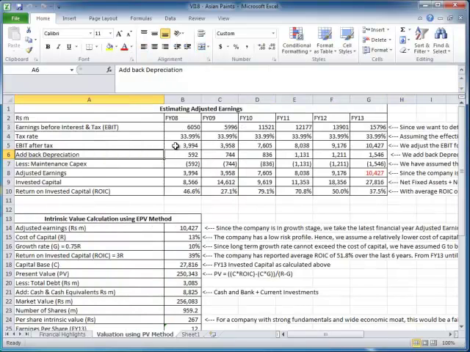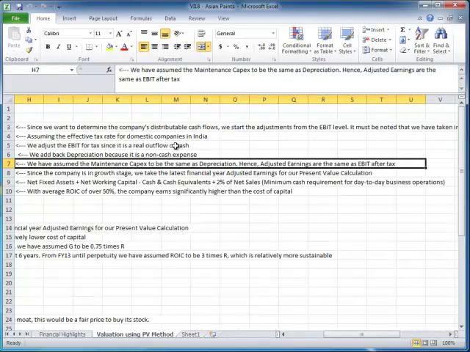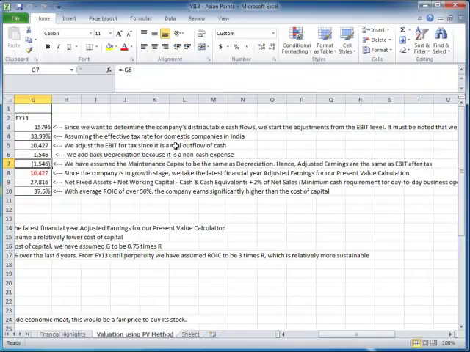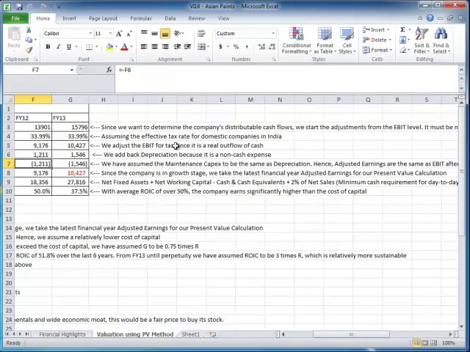So we add back depreciation, and then we subtract out maintenance capital expenditure, which we've set equal to depreciation. We did this last time as well with Tata Sponge. Essentially, we're assuming that the amount of money the company has to spend to maintain its capital is equal to its depreciation.